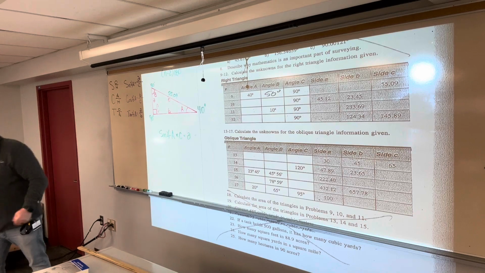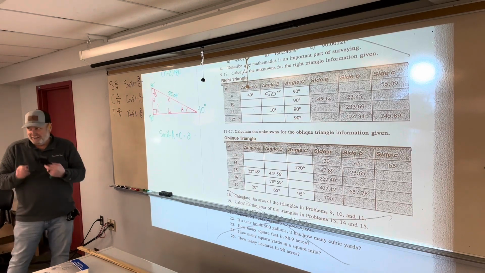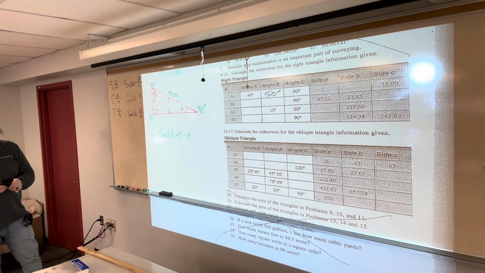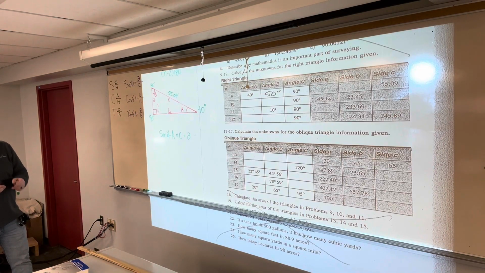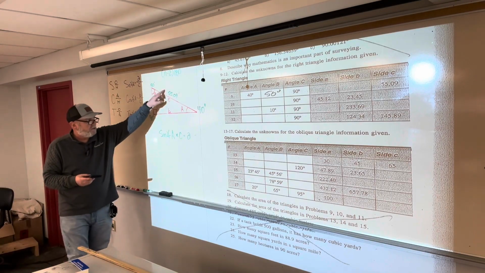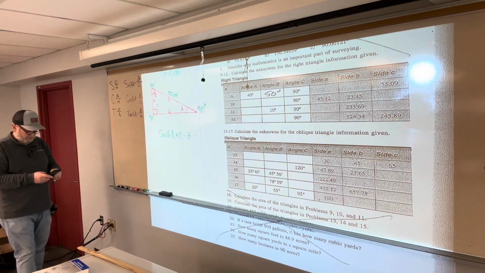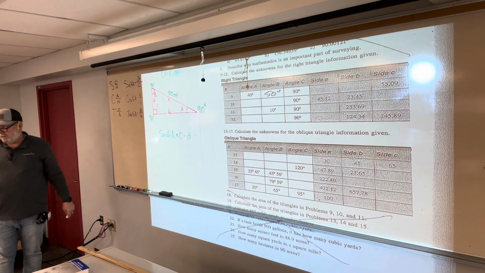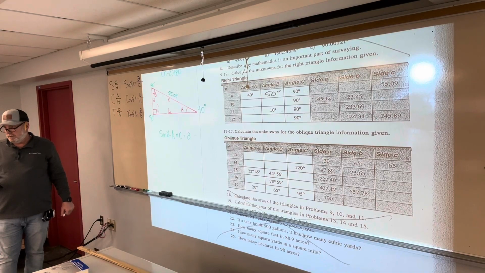I did that without my glasses on. I could have done that wrong. Let me put my glasses on and try it again. 40, take the sine of that, multiply it by the side C, 55.09. 41.05. Still get 41? Yeah.